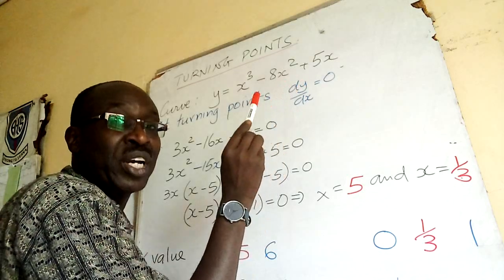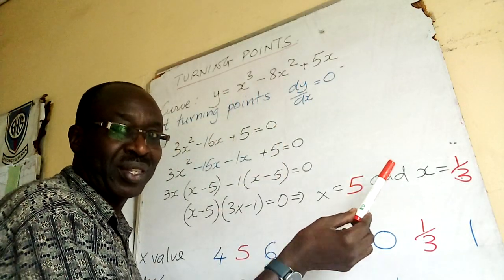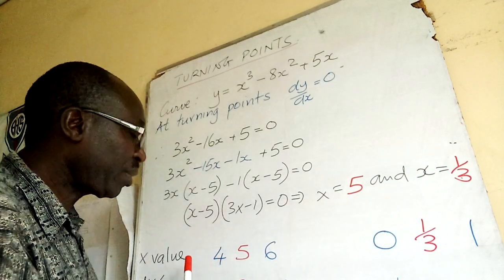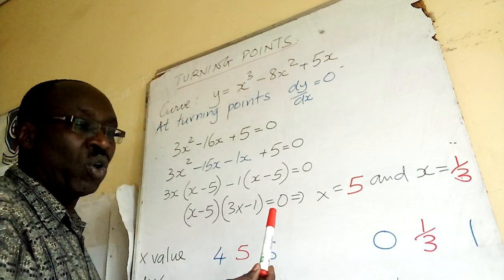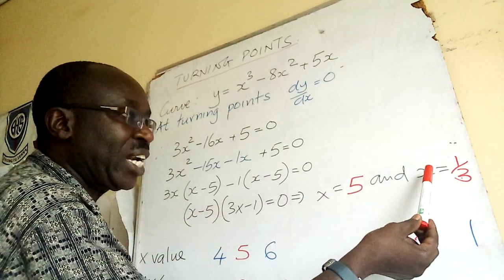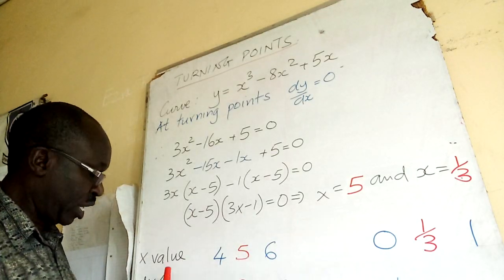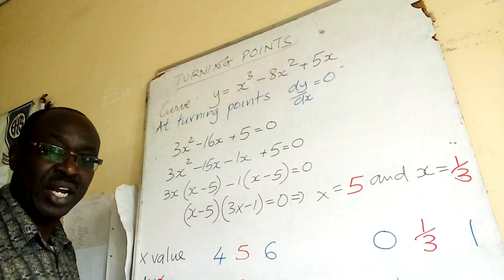If you do that, you get the y coordinate which goes with 5. Similarly, you do for a third, but that's for another day. So we want to distinguish today. So at x is 5 and at x is a third, the dy/dx is 0. You can see I've written here dy/dx.